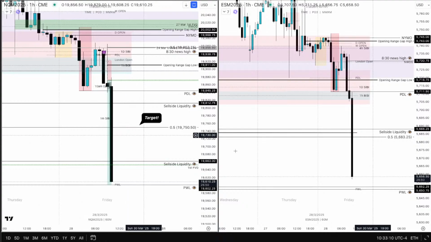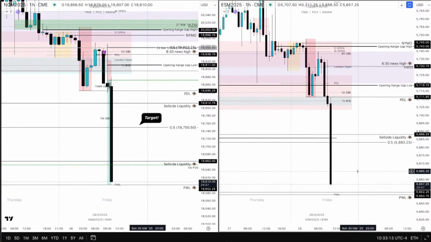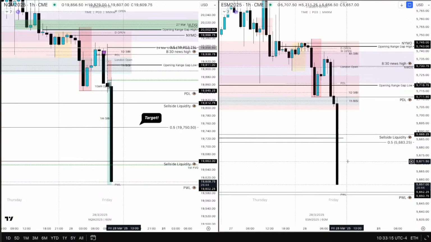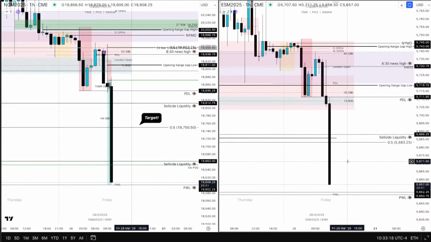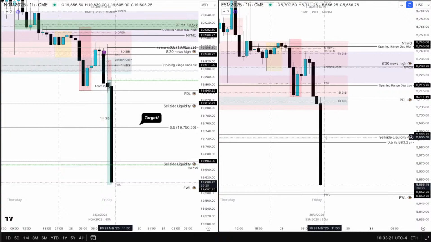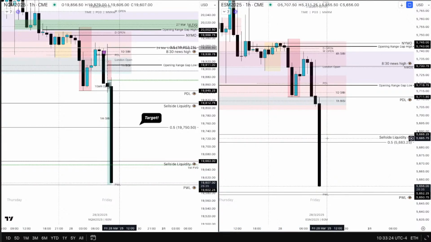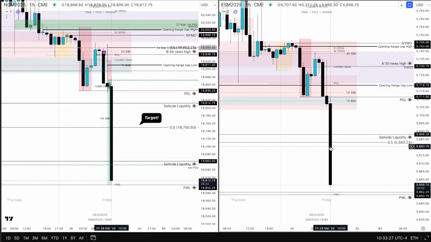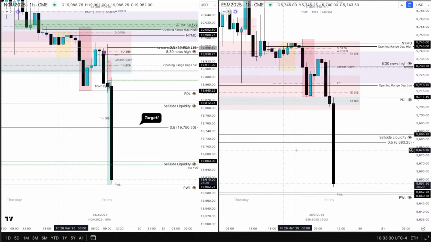No, I don't know. You need to wait, because if you're too married to your bias, like you want to long, and you keep asking yourself when can I long, you will end up forcing yourself to find a trade. Whenever there's a green candle, you think that's the long signal, because you already wanted to long.